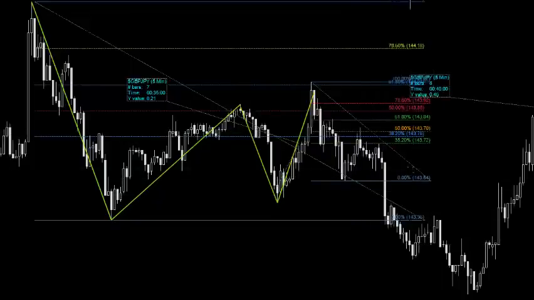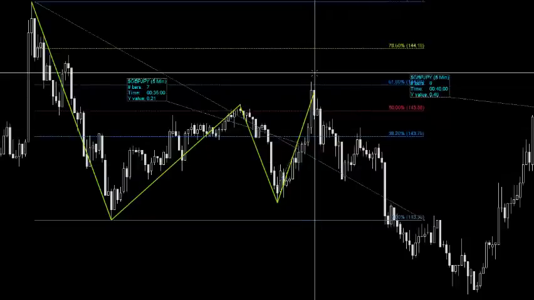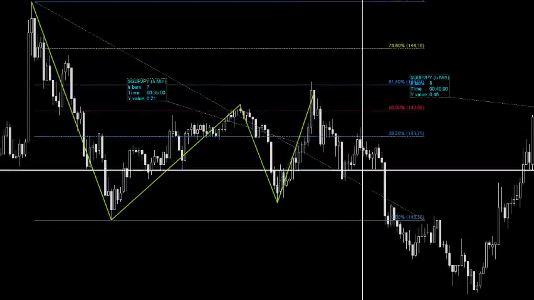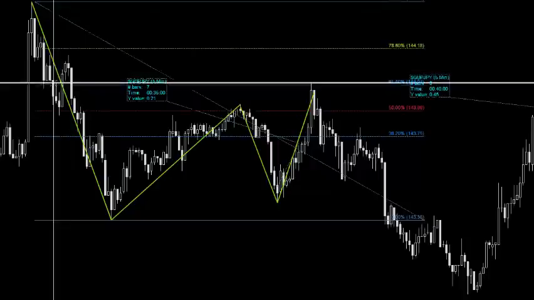And as you can see, in not having been in short up here because it didn't meet our rules, we have to wait to see if this pattern is going to complete. Did the pattern complete?